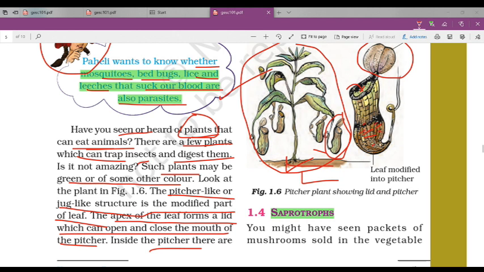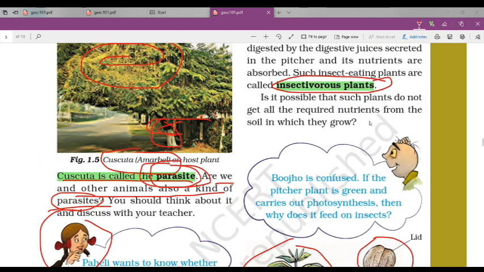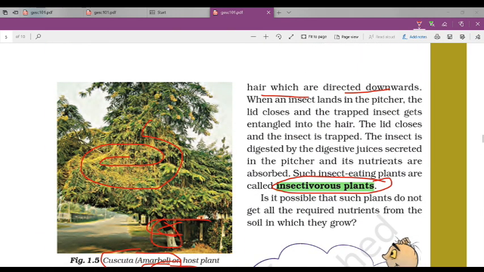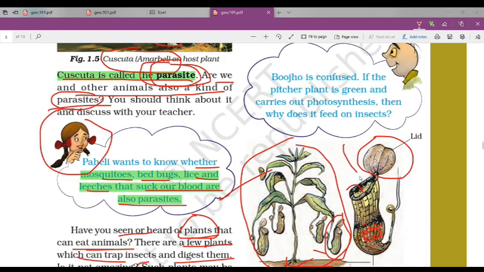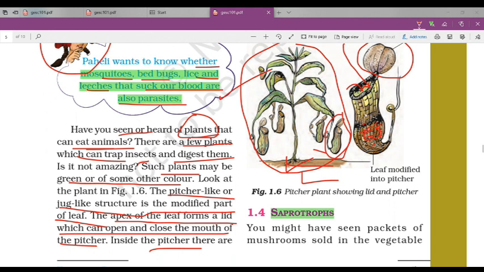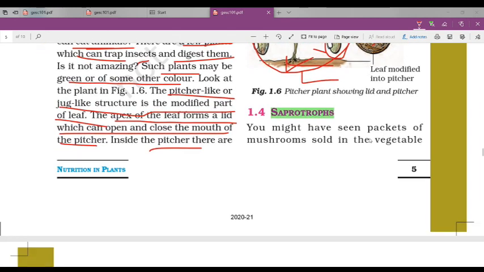This is actually digestive juice, which kills the insect and absorbs its nitrogen compounds. Now when an insect lands in the pitcher, the lid closes and the trapped insect gets entangled in the hairs. Whenever an insect enters from the mouth of the pitcher, the lid closes and the insect is trapped inside because of the hairs and this jelly liquid.